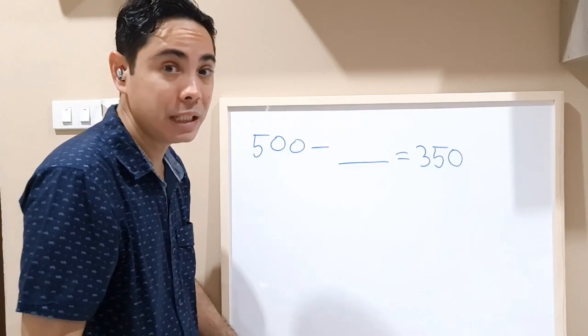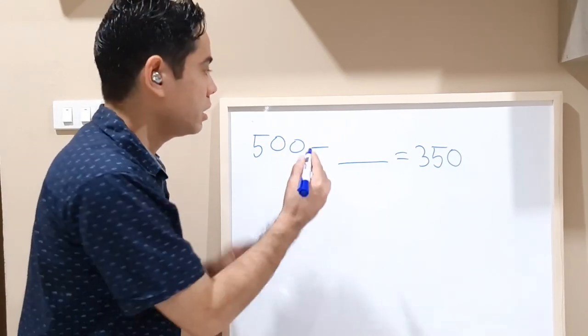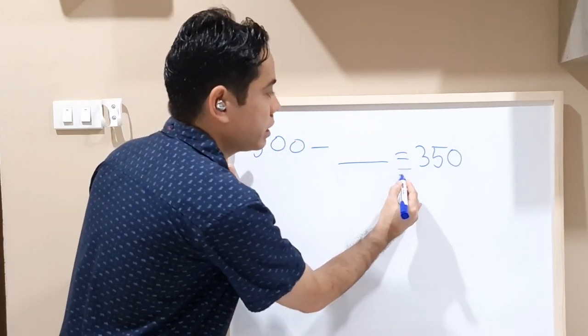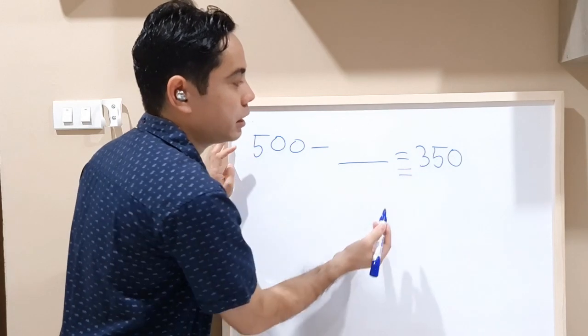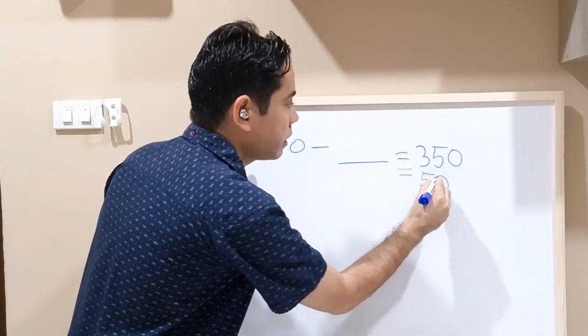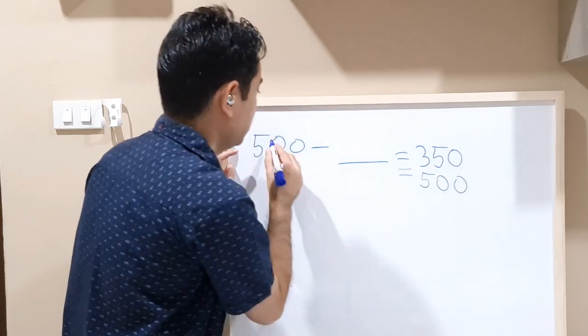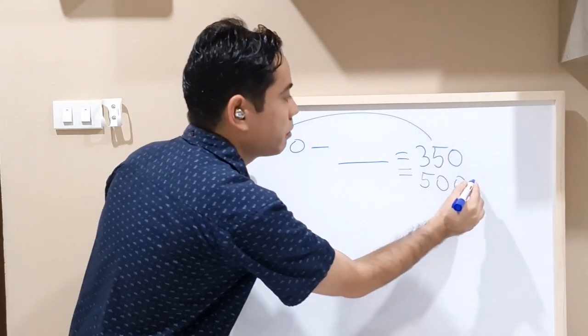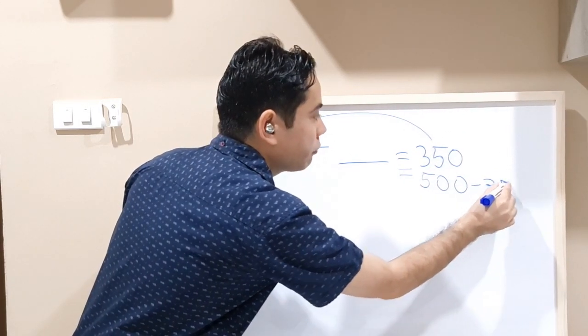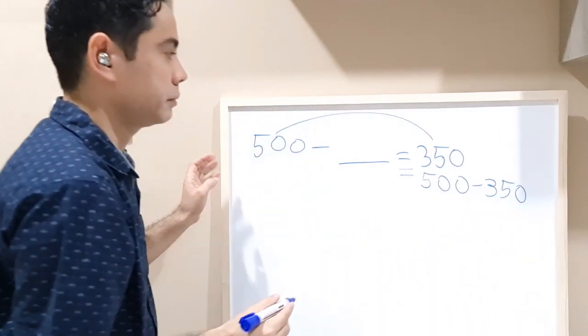We can put 500 after the equal sign, minus 350.